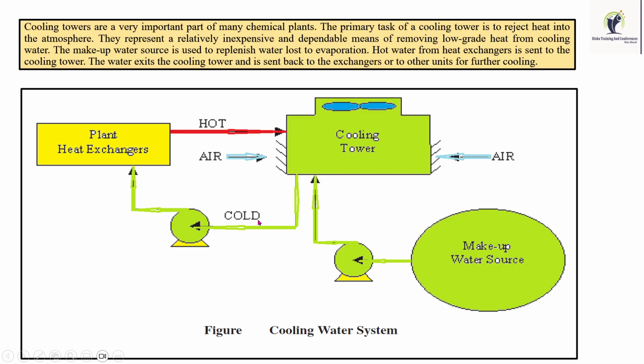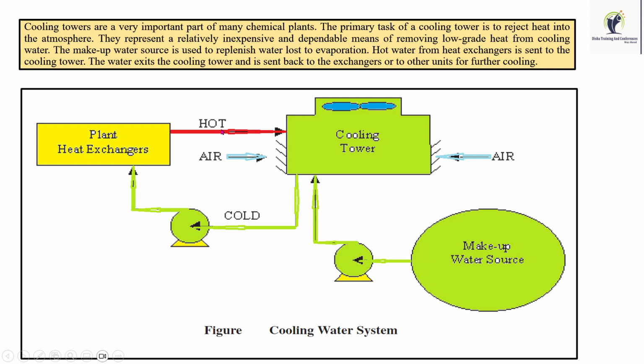So what we are doing is passing cooling water, whose inlet temperature is low, and when it cools this fluid, its own temperature increases. So this is cooling water in, this is cooling water out, and the plant's product temperature will come down.